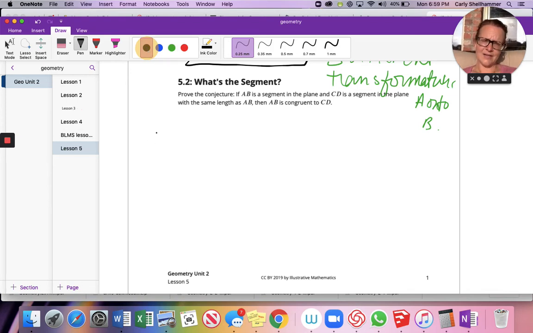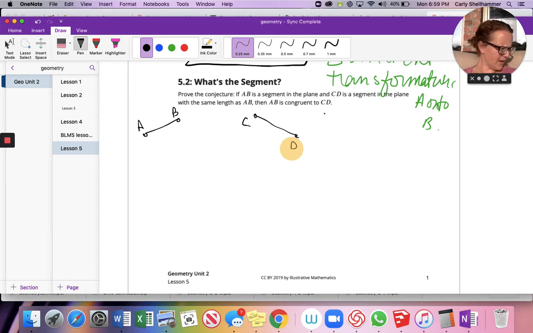I tend to write what I call column proofs, not paragraph proofs. And I think it's probably just because of how my mind works.